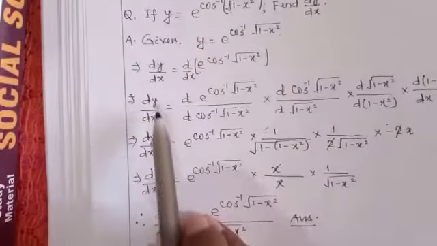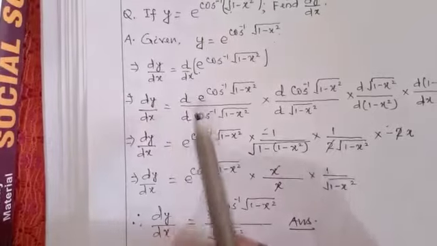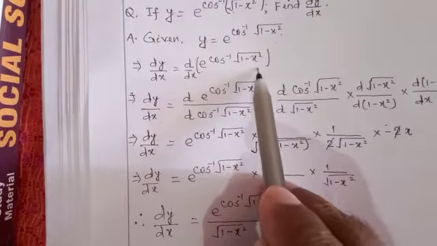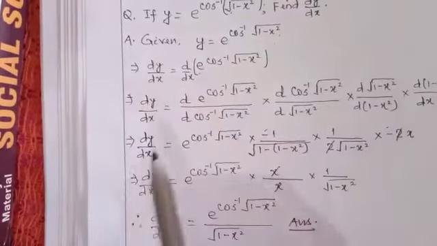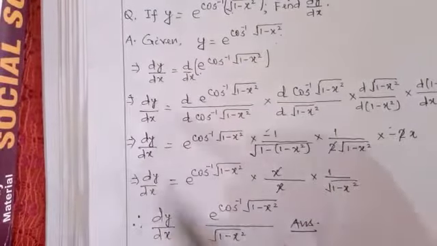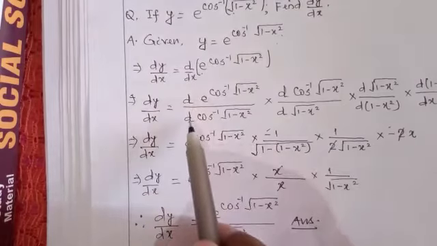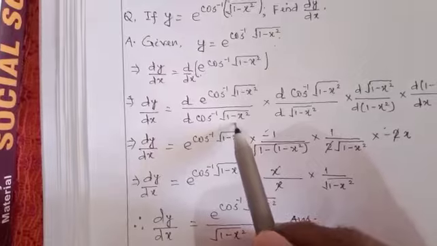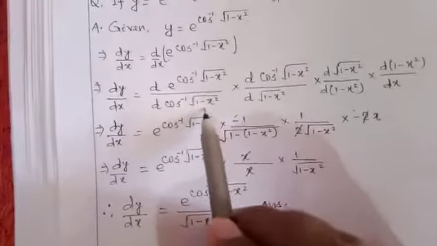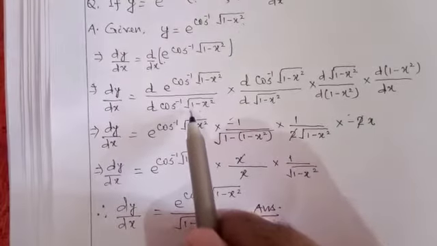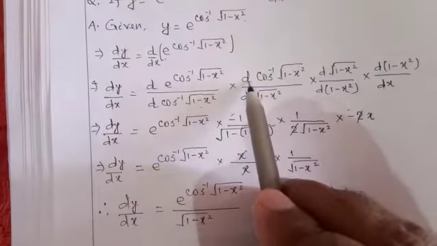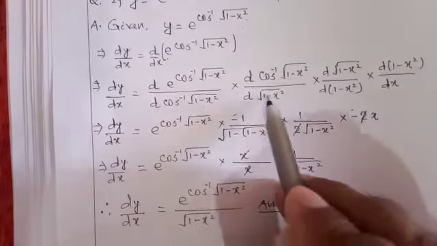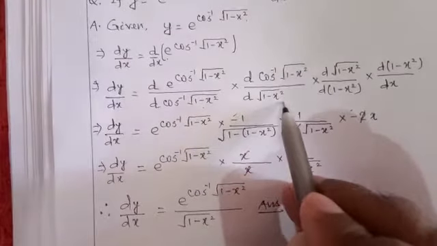How do we write? See, dy upon dx is equal to d of e to the power cos inverse x. I have already told in previous classes, leave the first term, so leave e, then this should be d of cos inverse under root 1 minus x square. This should multiply, and leaving another term cos inverse, it reduces to d of under root 1 minus x square.